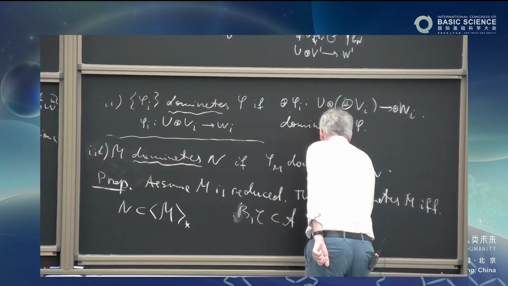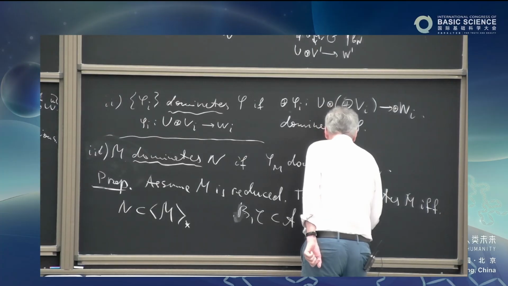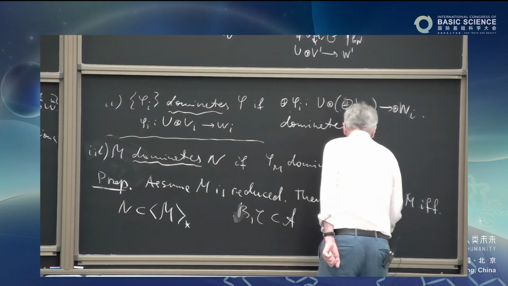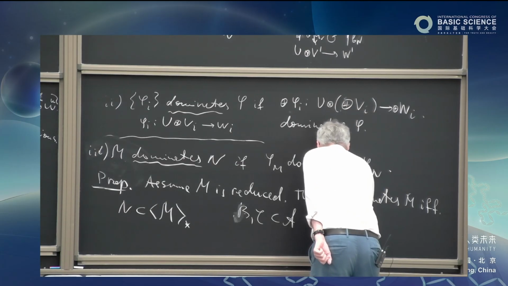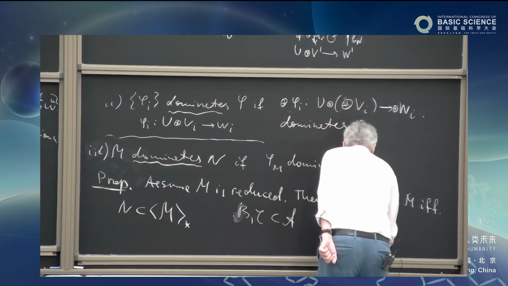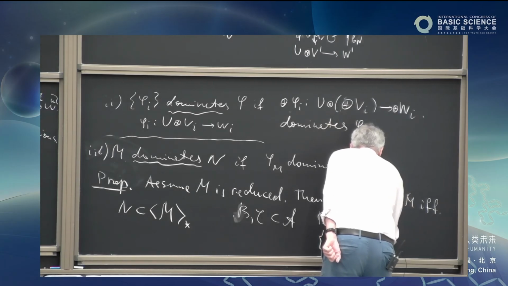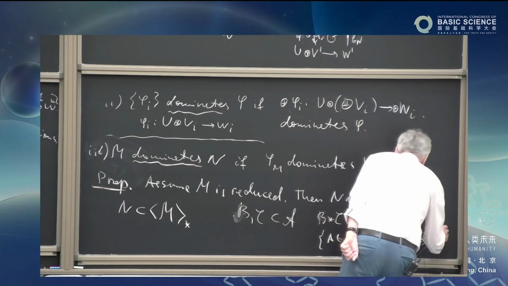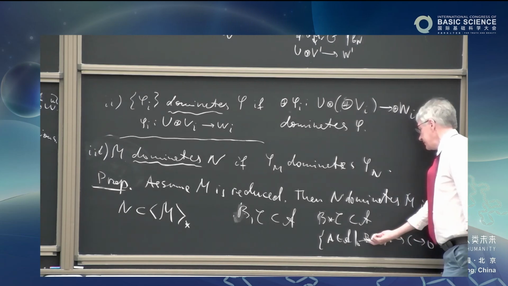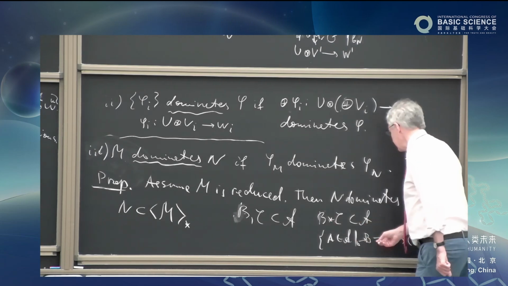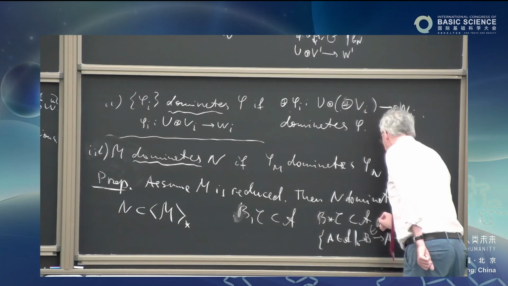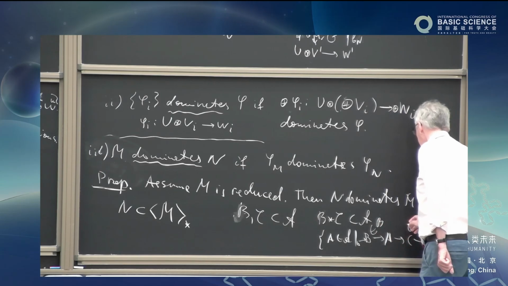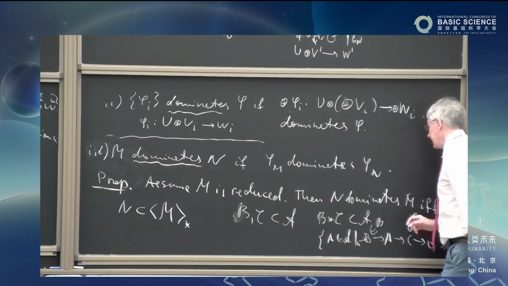Then we can define B star C. It's a new subcategory in A, which consists of objects A in A which have a decomposition into a short exact sequence like this. So A has a subobject which is an object in the category B, and a quotient object of A which lies in the subcategory C.